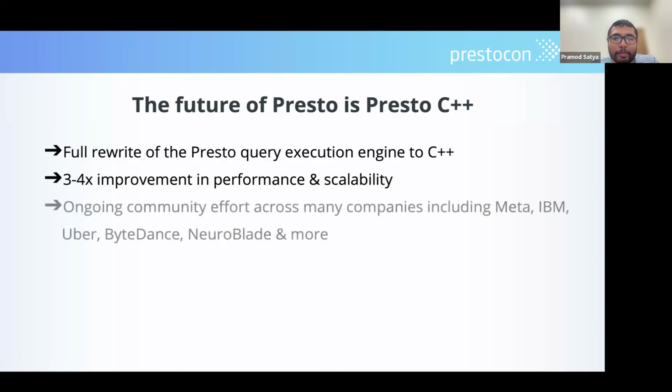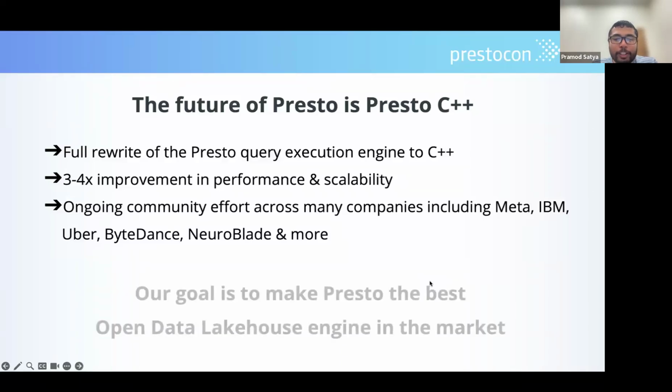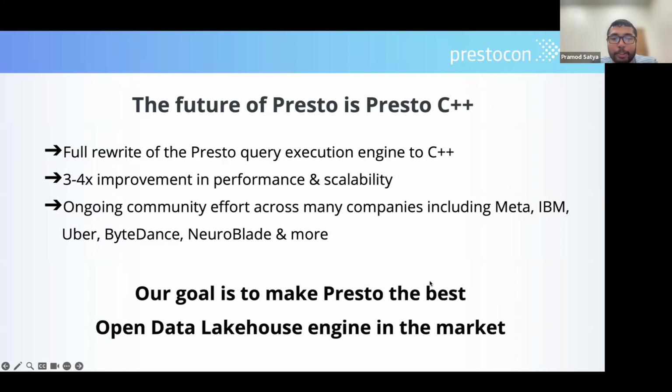It has been possible because of community effort across many companies, including Meta, IBM, Uber, ByteDance, and so on. The goal of the Presto community and the Presto Foundation is to make Presto the best open data lakehouse engine in the market, and Presto C++ plays a big role in achieving this goal. We see Presto C++ as the future of Presto, and we are very excited about it. We are working to make it better and more stable.